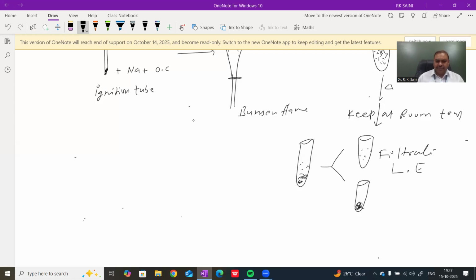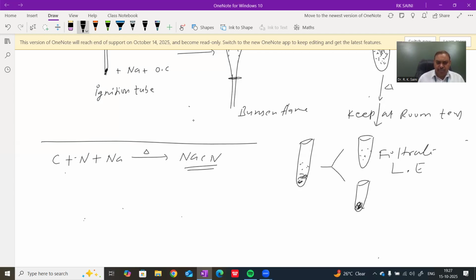Now we detect the chemical change if nitrogen is there in the organic compound. The organic compound contains carbon. If nitrogen is there and we add sodium and heat strongly, then it changes into sodium cyanide.